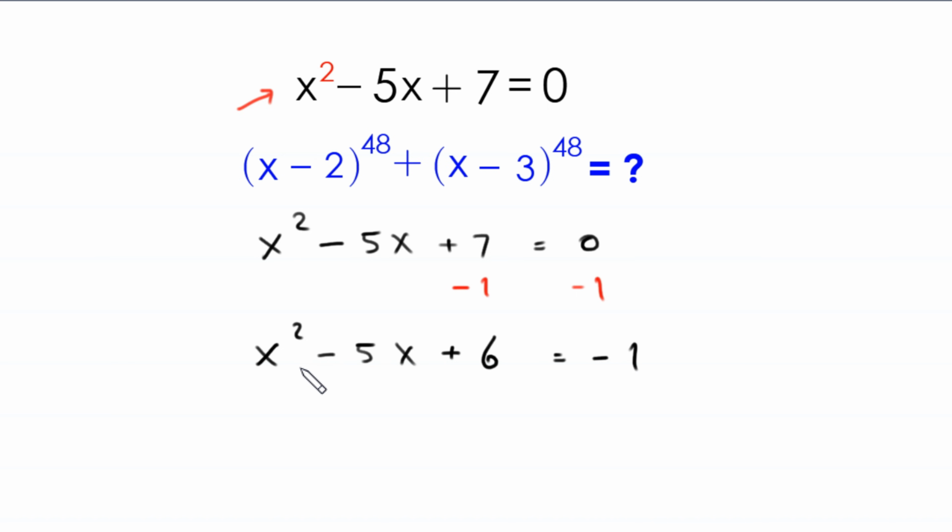Now this expression on the left hand side is factorable. We write x squared and we break negative 5x into two terms, negative 2 times x minus 3 times x, plus 6 equal to negative 1.